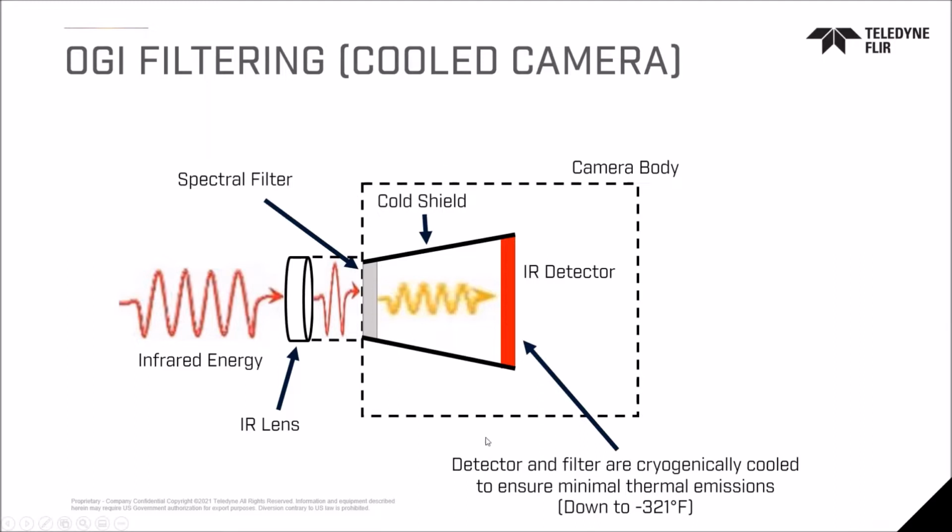You have the dotted line that is the camera body, but you have this angular line, this area that is a cold shield. The energy is coming into this, and the detecting filter is built into that, which maximizes the sensitivity of the camera and its ability to detect and visualize emissions.